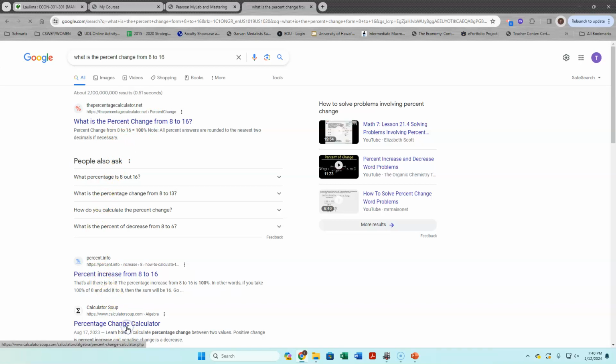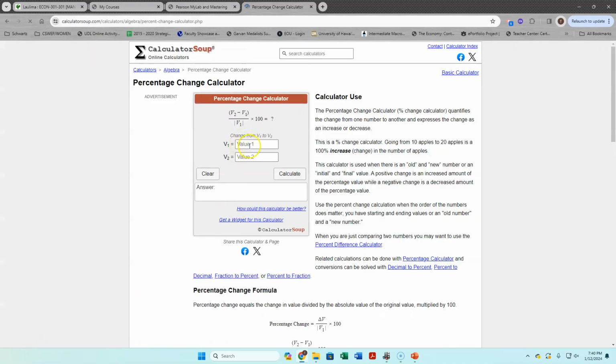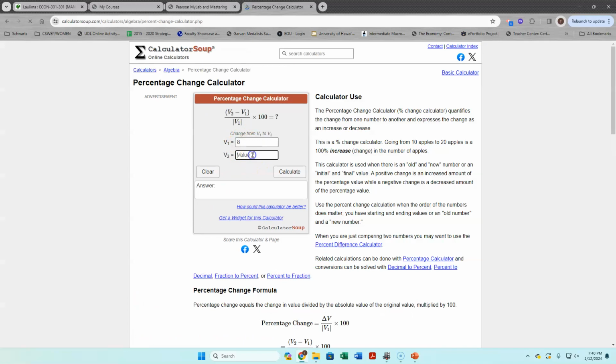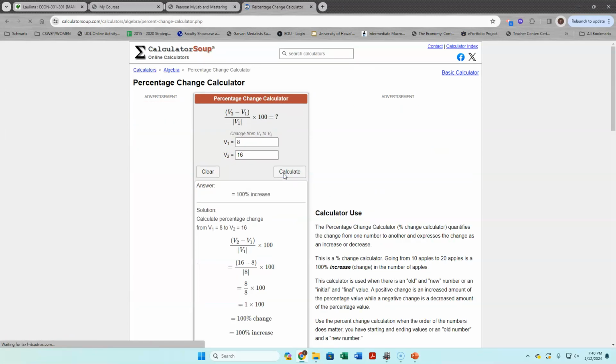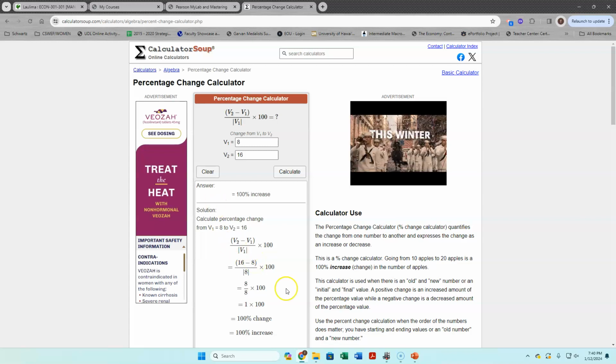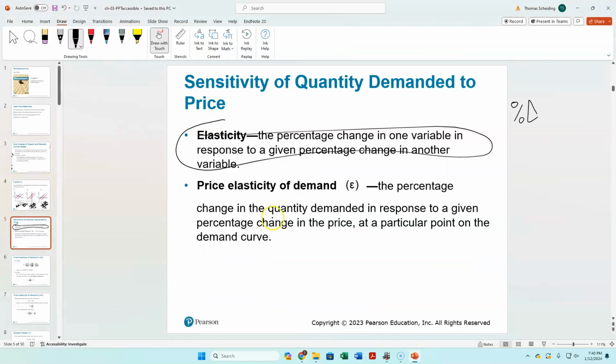There are websites where people have made a living building sites that would tell me this is a 100% change, and even walk you through the math. I don't need you to walk me through the math. The whole idea here is that these elasticities are these percentages.